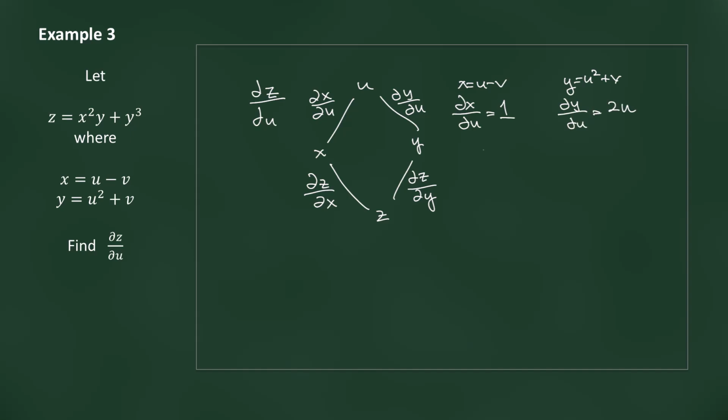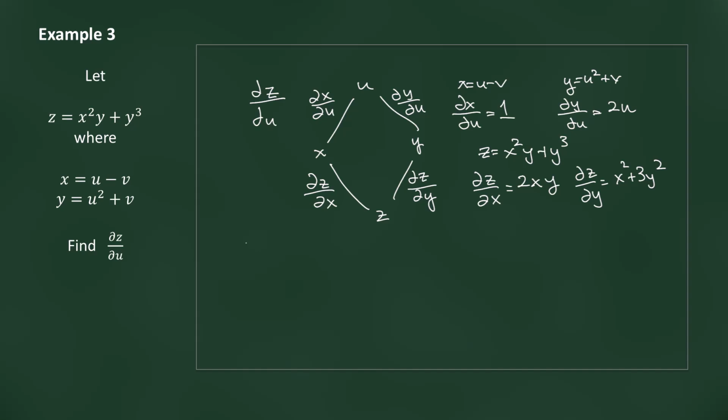And then since z is x squared y plus y cubed, for the partial of z with respect to x, we're going to treat y like it's a constant, so we're going to get 2xy for that. And for the partial of z with respect to y, now x is a constant, so we're going to get x squared plus 3y squared.